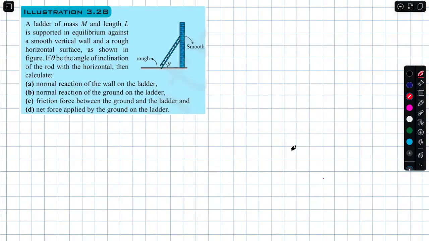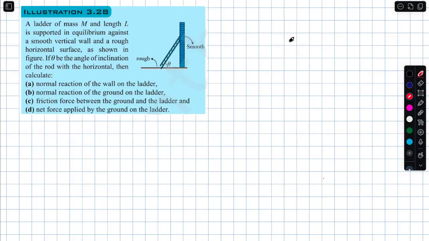Now you have a ladder of mass M and length L, and it is supported in equilibrium against a smooth vertical wall and a rough horizontal surface, as shown in the figure. Theta is the angle of inclination of the rod with the horizontal.